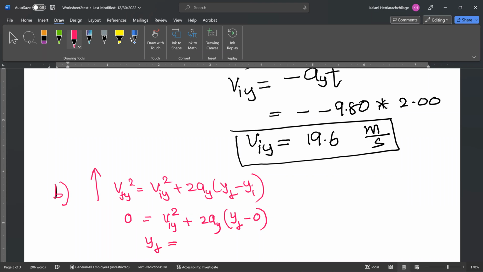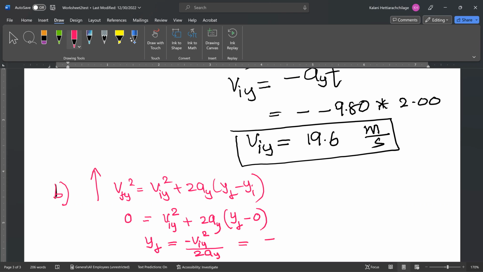Now you're going to solve it for y final first and then plug in the values. You see y final in this formula, so subtract the v initial y squared from both sides first, and then divide by twice the acceleration in y. Now we're going to plug in the values.